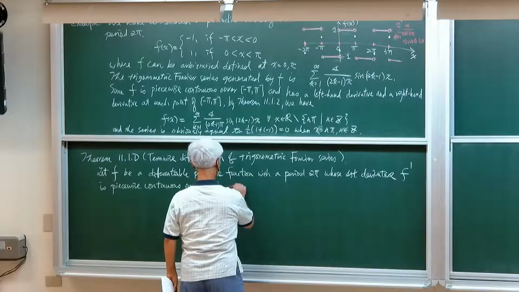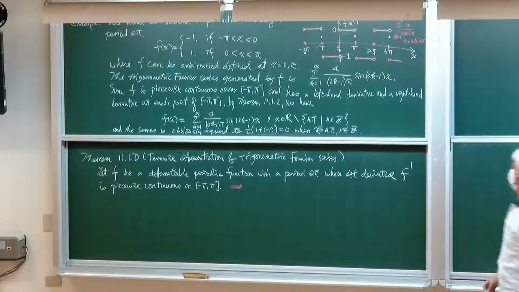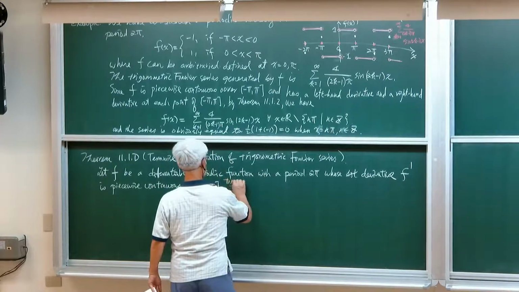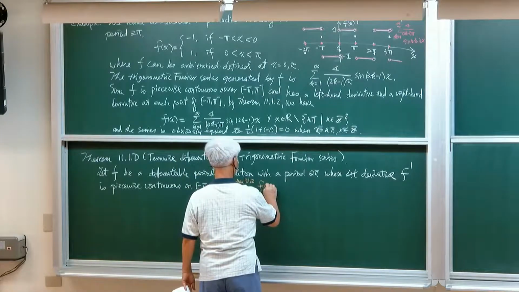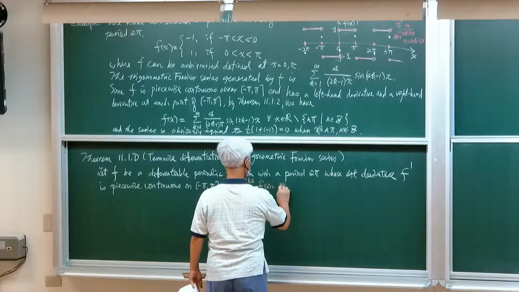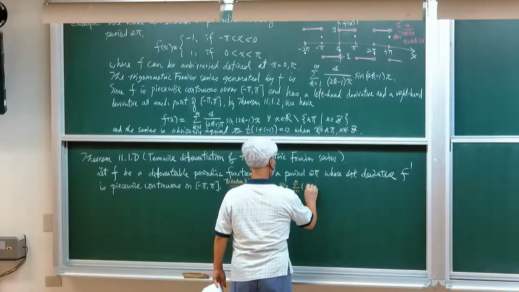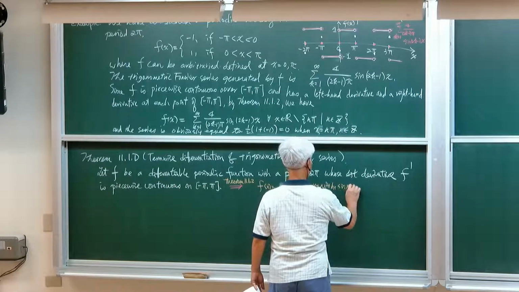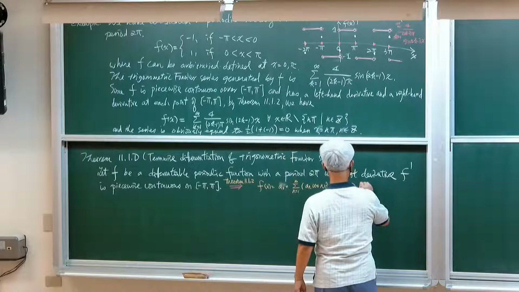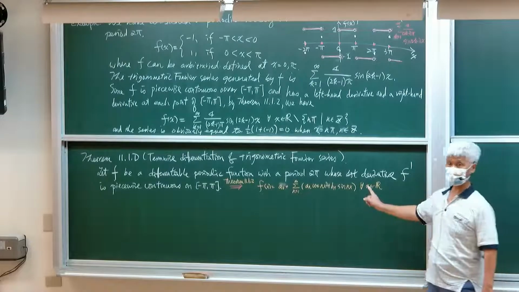This implies, by Theorem 11.1.2, that f of x is equal to a0 plus the summation from n equals 1 to infinity of an cosine nx plus bn sine nx, for all x in R. It is very strong.